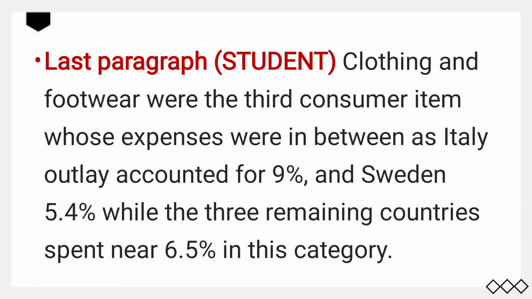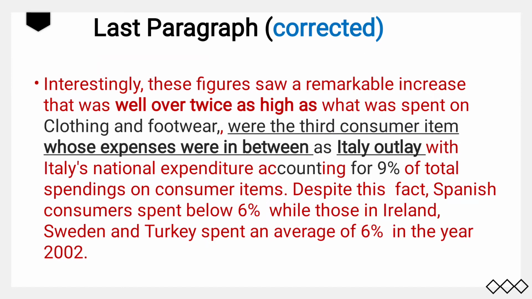This is just one paragraph. Yes, it is one paragraph, but it has just one sentence. That's not good enough. So how did I correct and review this particular write-up?